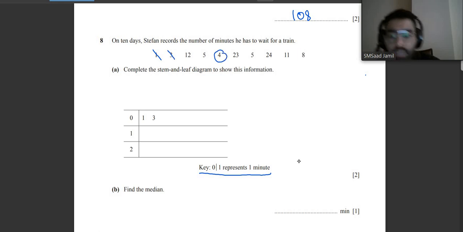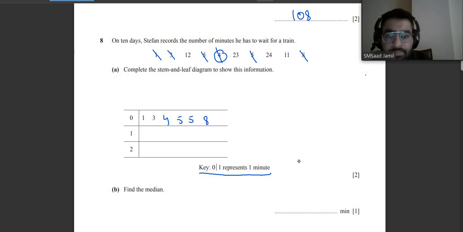We have 4. So we will write just 4. Then, crossing out 4, which number do we have? We have 5, so we will write 5. We have another 5, so we will write 5 again. Then we have the number 8, so we will write 8. Now we come over to the next part, which is 1.